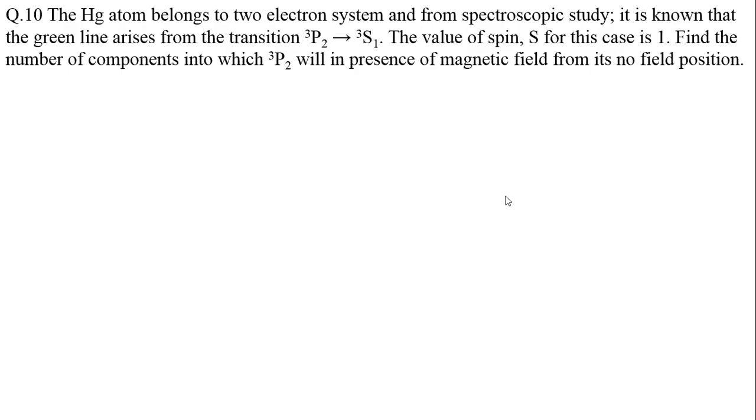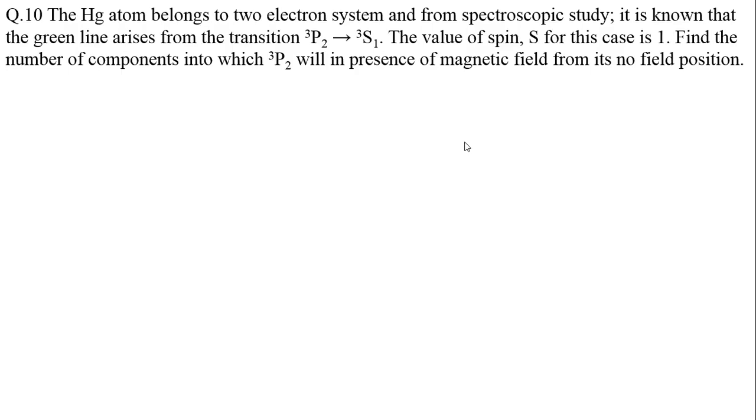The value of spin S for this case is 1. Find the number of components into which 3p2 will split in presence of a magnetic field from its no field position.